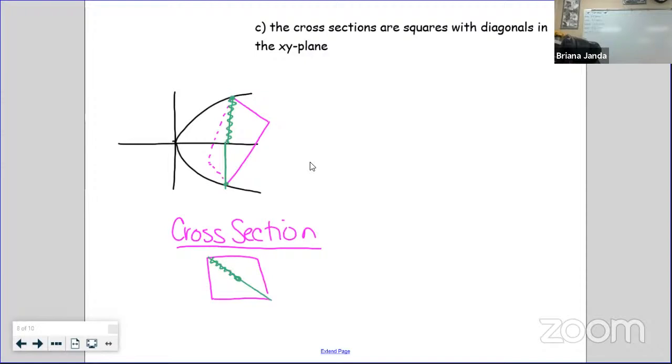Good so far? With my terrible drawing up there, can we visualize what's going on? We've shifted how those squares are sitting in our solid, and it's that diagonal that's running through our x-axis here. If we consider this again, y equals the square root of x, this would be the square root of x, making our diagonal 2 square root of x. Okay.